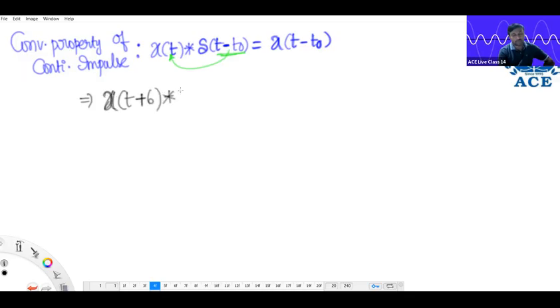Please think of this. X of t plus 6 convolved with del of t minus 13. What will be the result, sir?